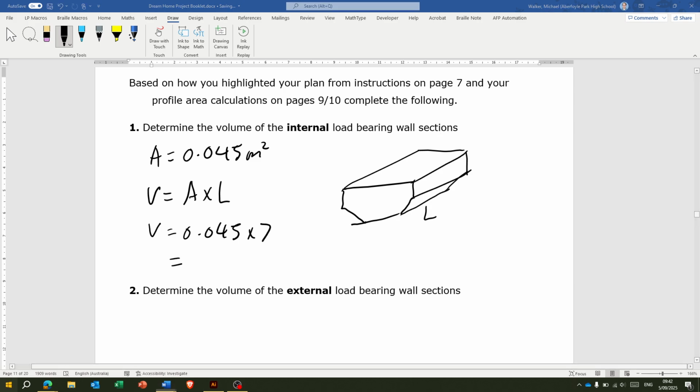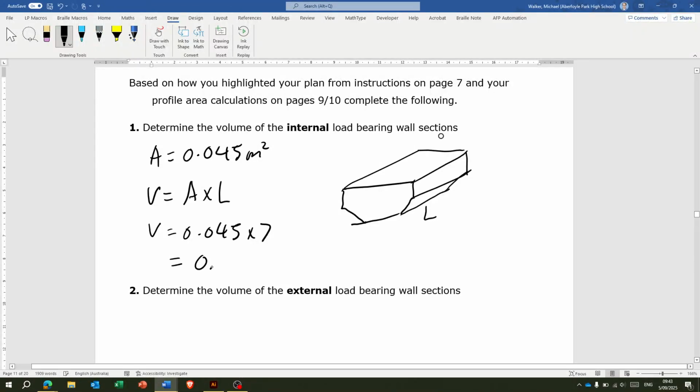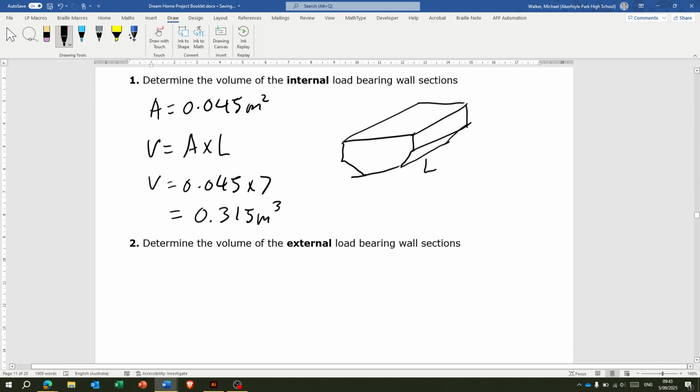I can't do that in my head, so we're just going to get a calculator out and do 0.045 times 7, and it's 0.315 meters cubed, because now we have 3 dimensions. Volume is a cubed factor.